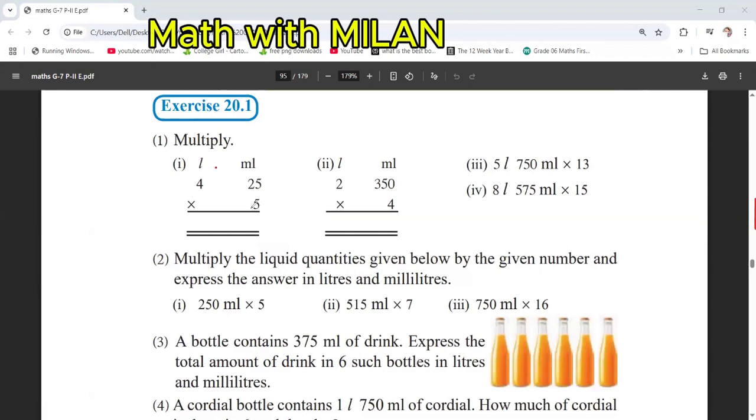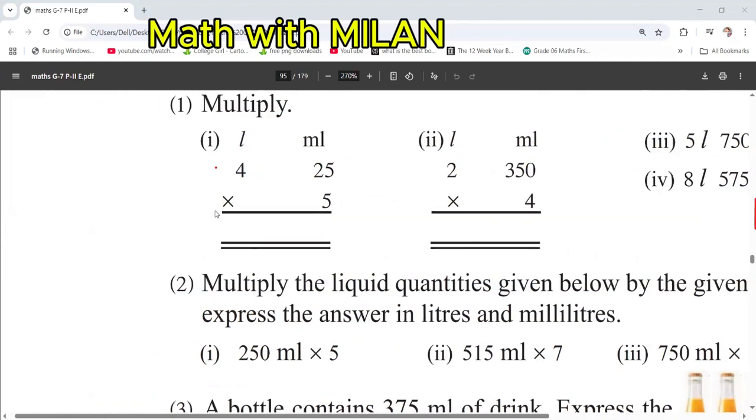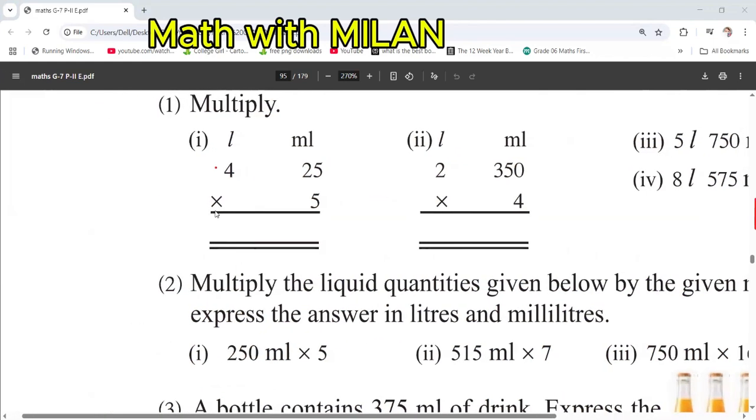Here you see multiplication, so I will show you how to multiply. When you have this kind of thing, the maximum value you can write in the milliliter section is 999 because 1000 milliliters equal 1 liter.